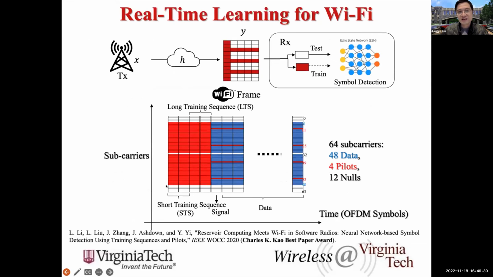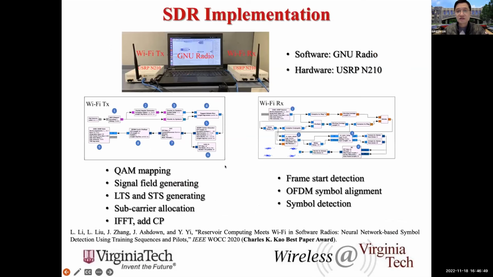So we're using Wi-Fi as a simple example to show that we can develop our neural network-based approach for Wi-Fi systems, and we are going to detect each symbol based only on these 4 pilots, and then declare the next symbol based on the new 4 pilots, and update the weights. So not only did we do this in analysis, we also put this in the SDR, software-defined radio.